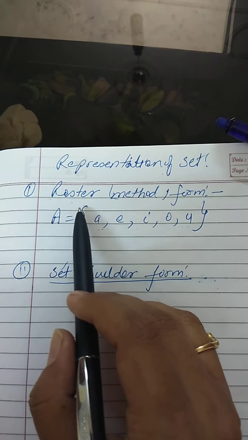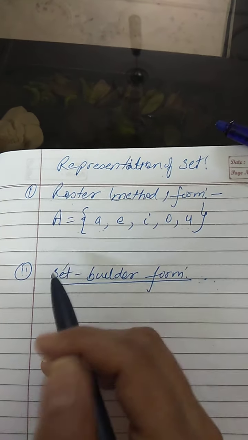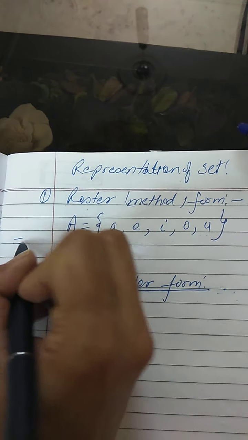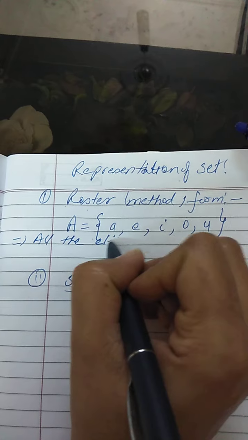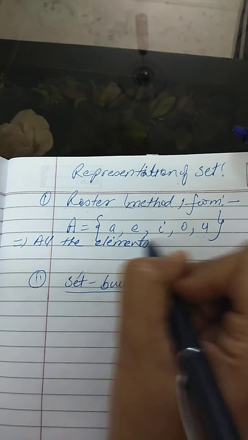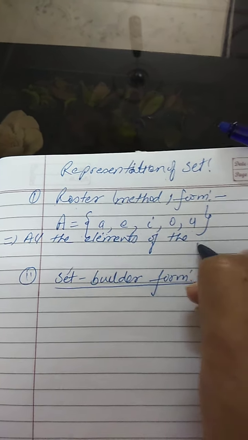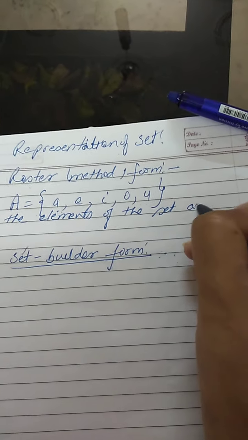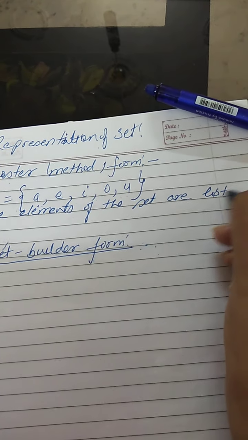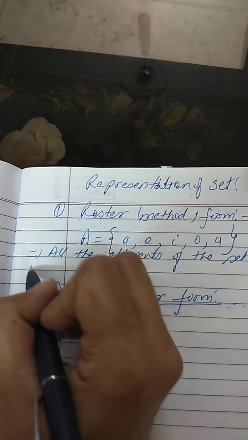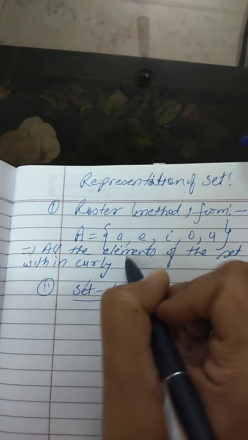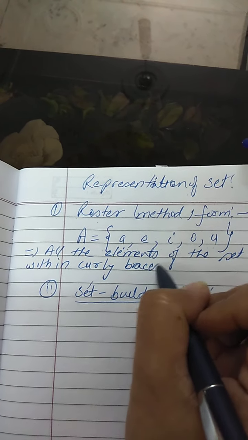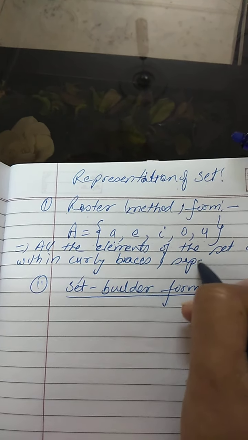So if you want, you can write down the definition also. Roster form means all the elements of the set are listed within curly braces separated by commas.